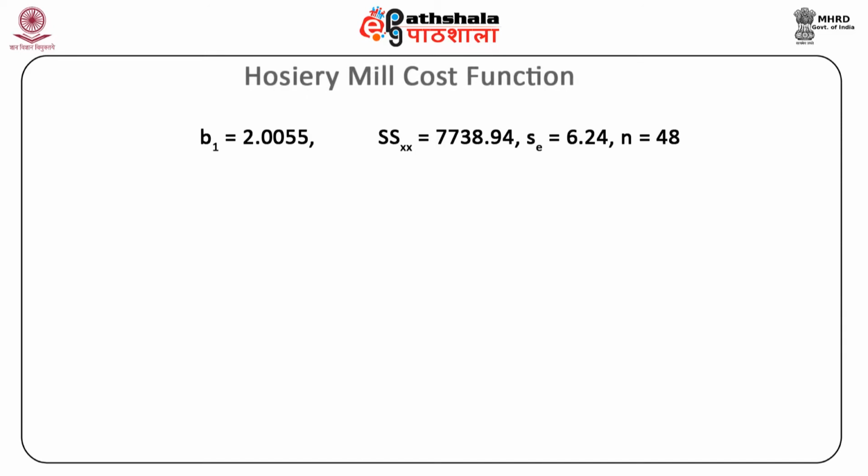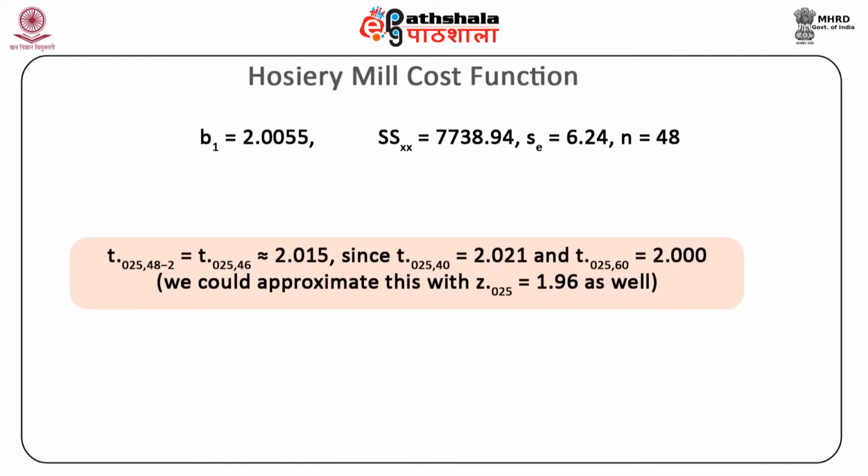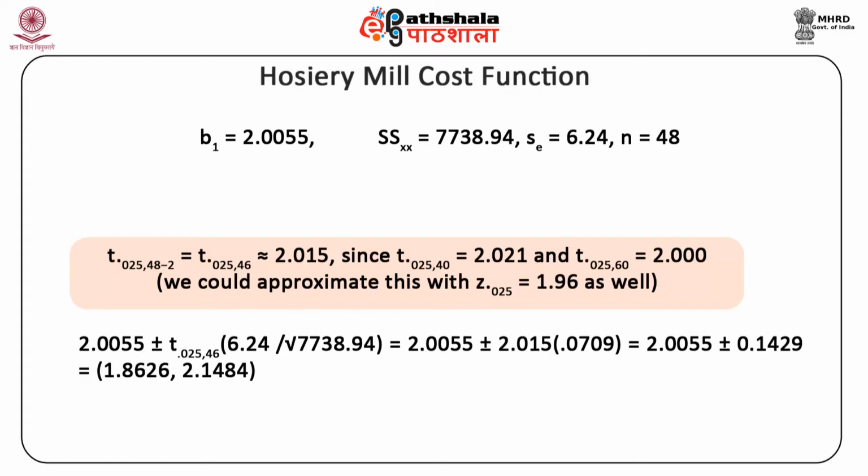We can similarly substitute all these values and we can find out that the confidence interval comes out to be 2.0055 plus minus t 0.025 with degrees of freedom 46 into 6.24 divided by under root of 7738.94.